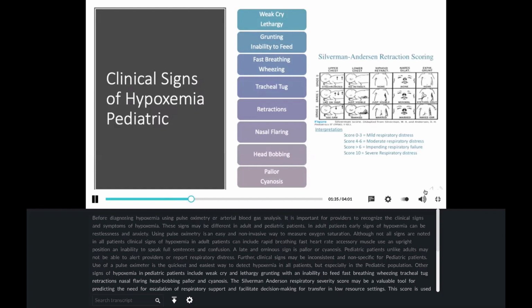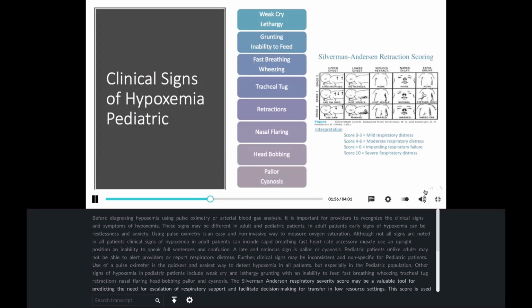Other signs of hypoxemia in pediatric patients include weak cry and lethargy, grunting with an inability to feed, fast breathing, wheezing, tracheal tug, retractions, nasal flaring, head bobbing, pallor, and cyanosis.